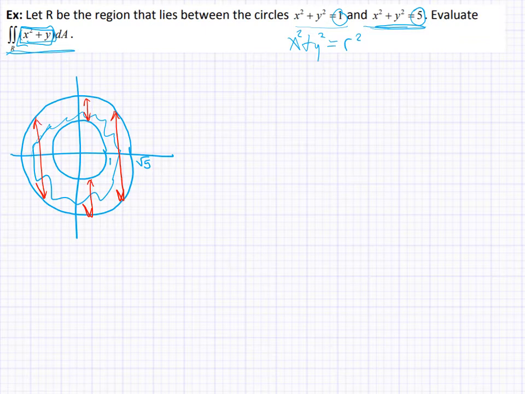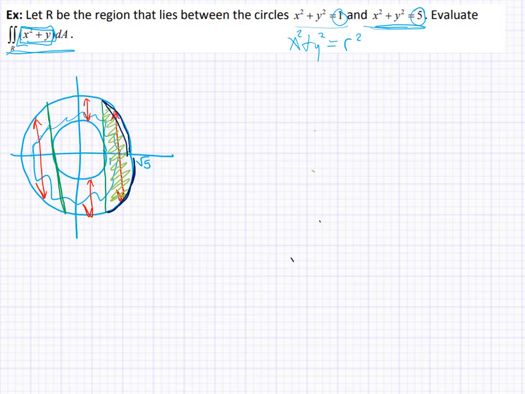So I would have to divvy this up into a bunch of different regions. I'd have to cut it here, and cut it here. And to define what y is between, I would look at this region in here and say y is between this half of the circle and this half of the circle.